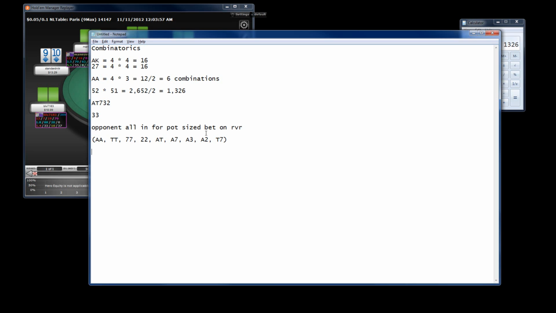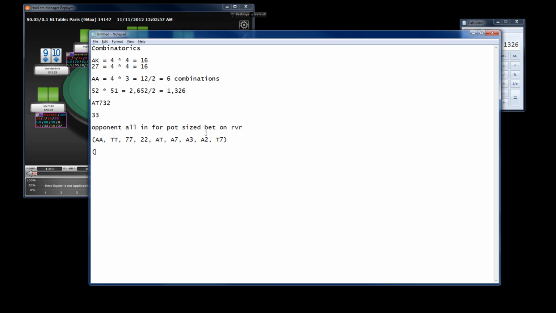So this is just kind of like a fairly standard range you might put someone on, and you may be reviewing this hand and you're not really sure. You have them all laid out, but you don't really know if you should call or not. Well, we go ahead and figure out how many hands we're ahead of and how many hands we're behind. So let's go ahead and make 2 different categories.